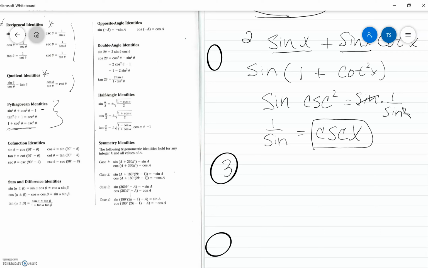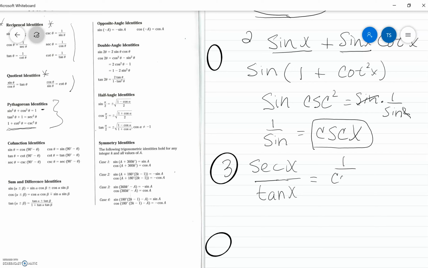Number 3. We're going to look at secant x over tangent x. All right. Now with this one, again, I'm going to rewrite secant using sine and cosine. So secant is the reciprocal to cosine.